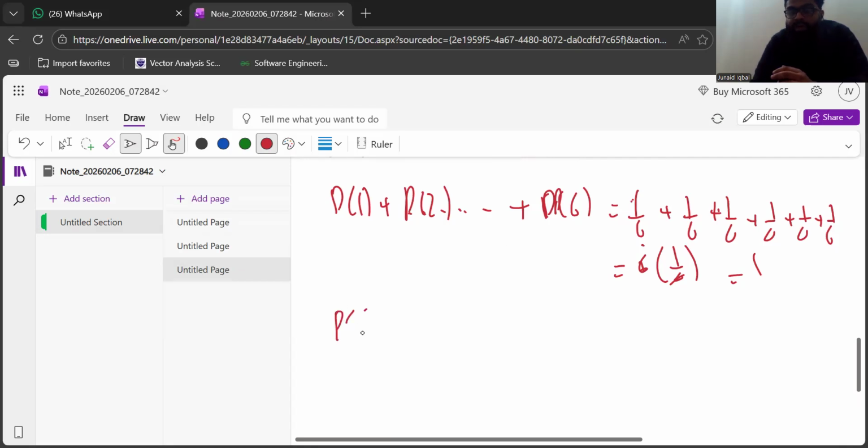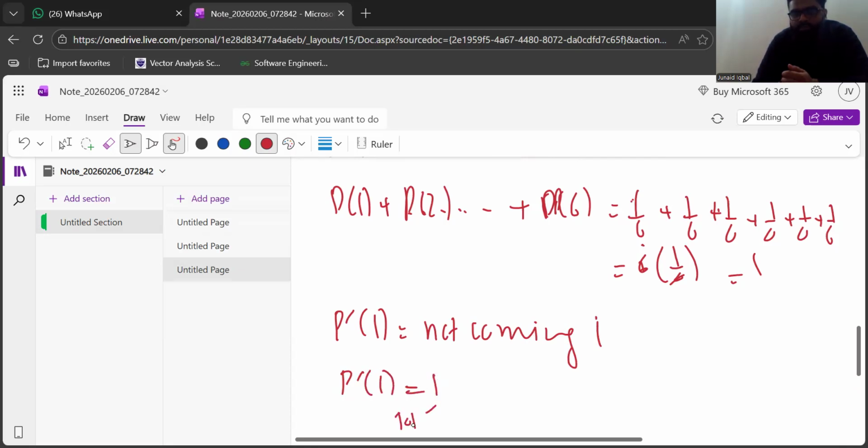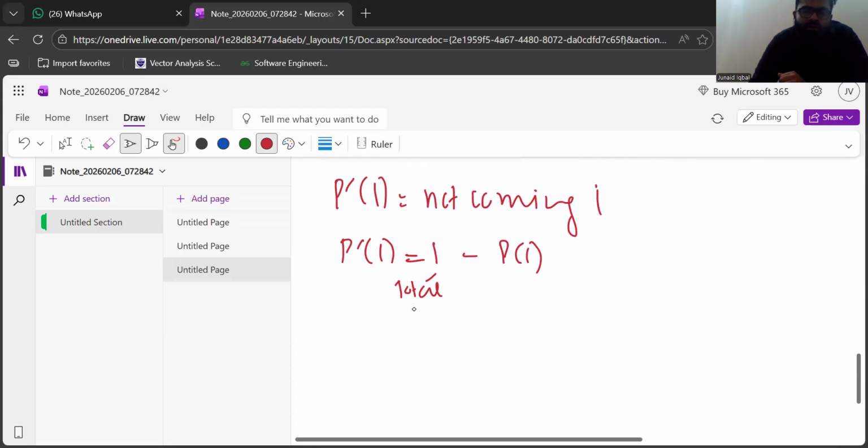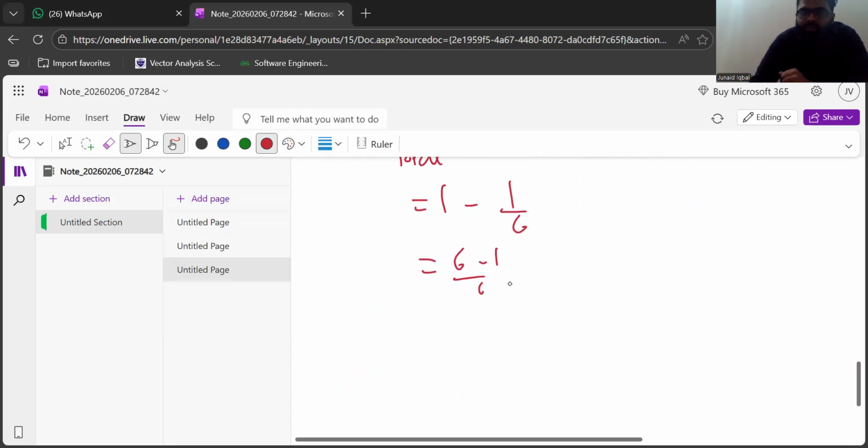What about the probability of not coming 1? Not coming 1 would be total minus the probability of coming 1. So it would be 1 minus 1 upon 6, so 6 minus 1 upon 6, and it would be 5 upon 6.